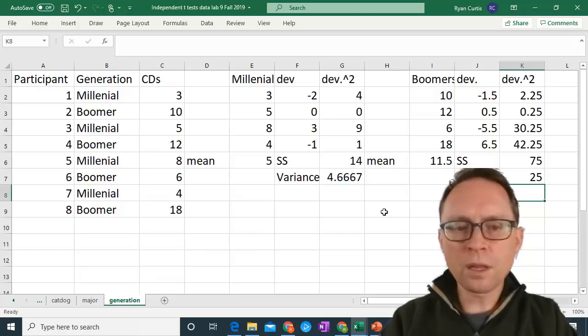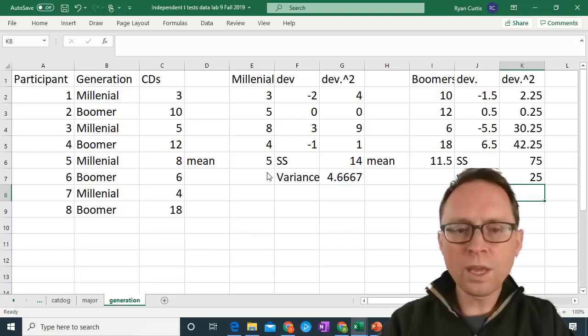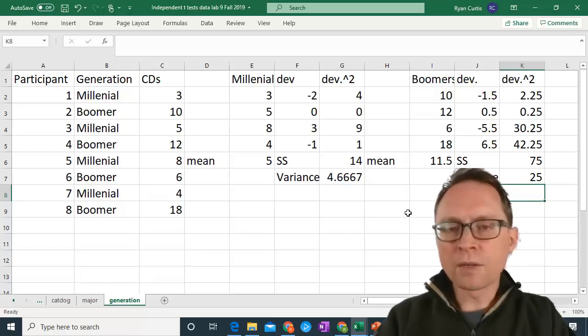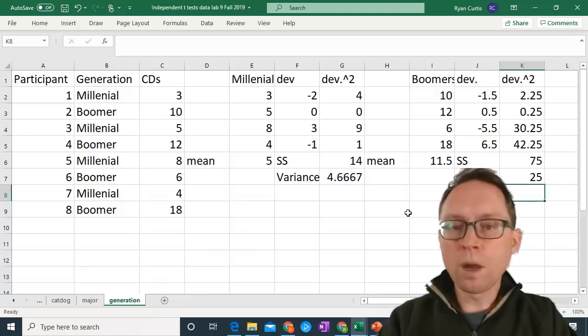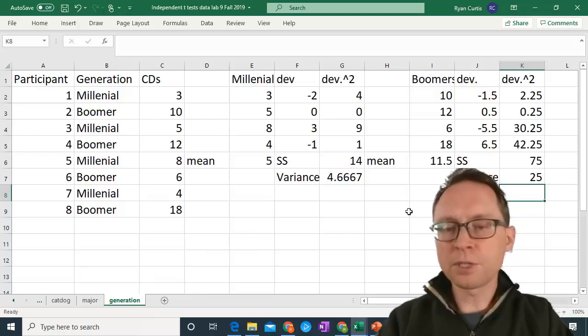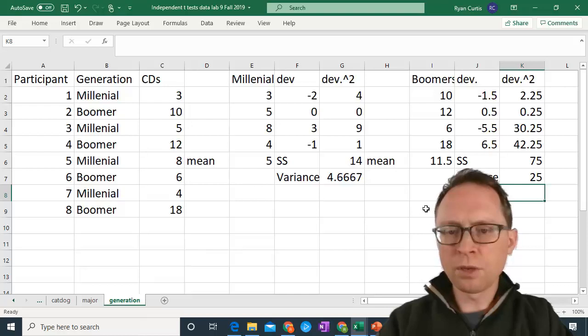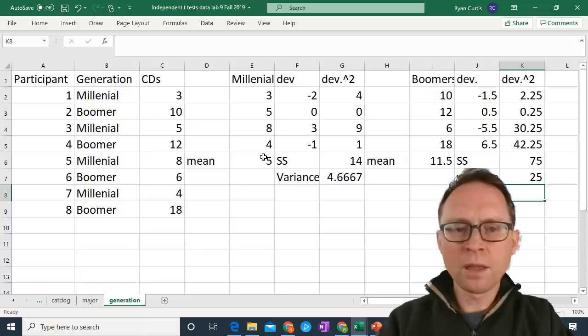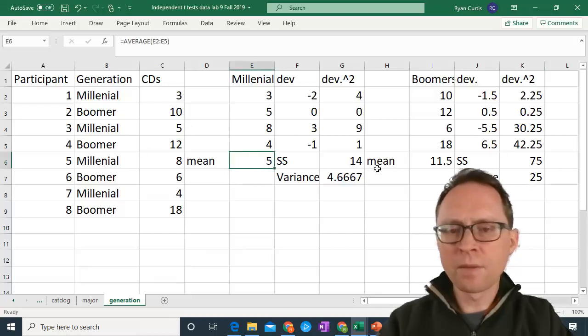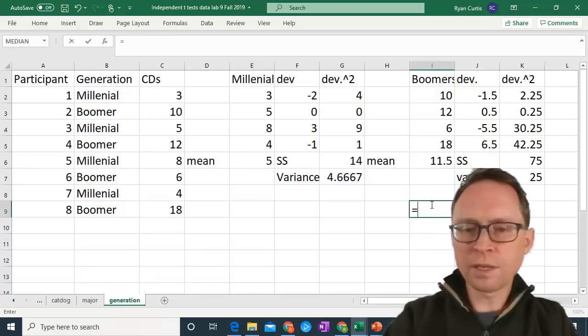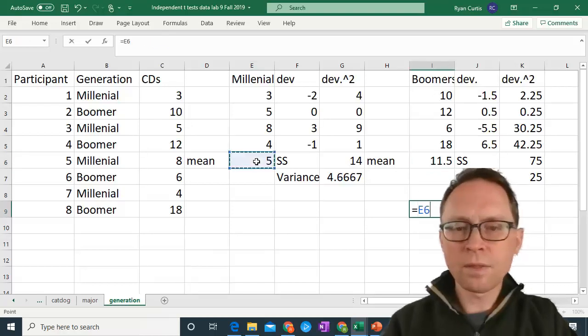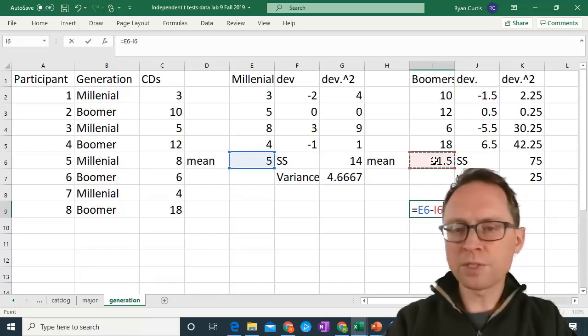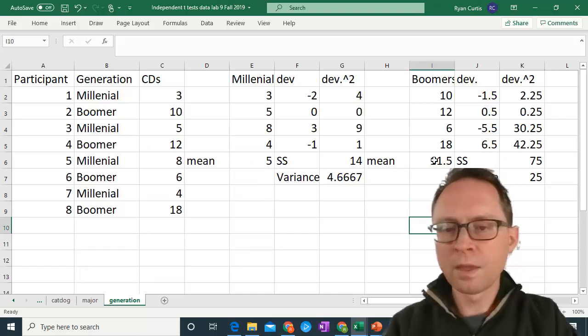Okay, so when we look at all of these, we need to figure out x bar sub 1 minus x bar sub 2. So that's going to be x bar sub 1 is 5 minus x bar sub 2, 11.5. So that's going to equal 5 minus 11.5.